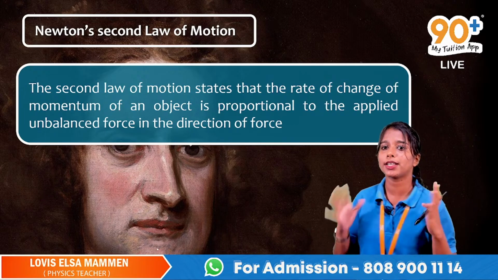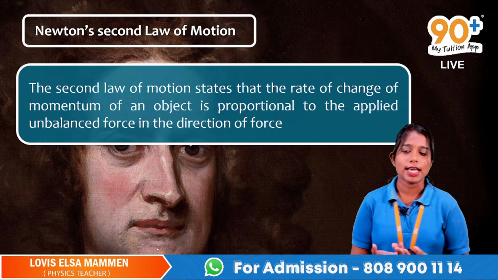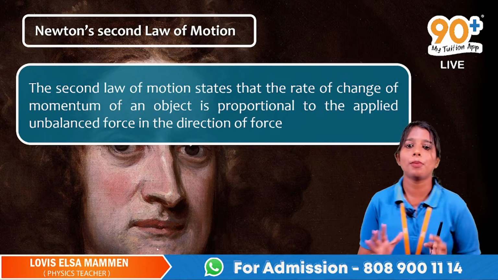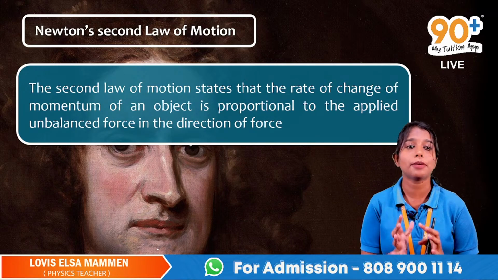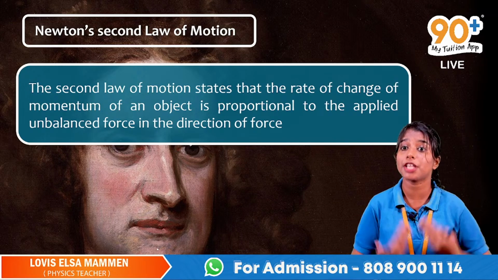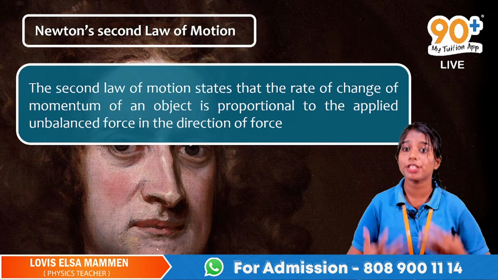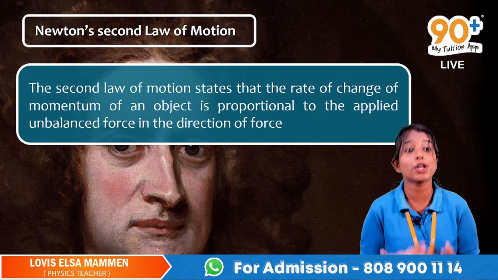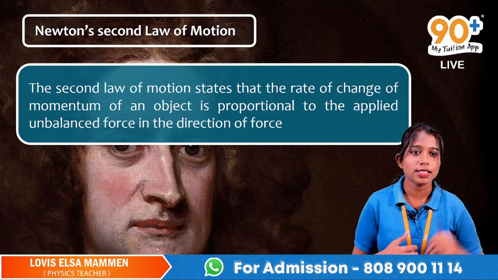Time depending. So initially the car has no momentum; the change of momentum depends on time. So it is the rate of change of momentum. So this rate of change of momentum is proportional to the applied force. Got it? Yes, applied force.